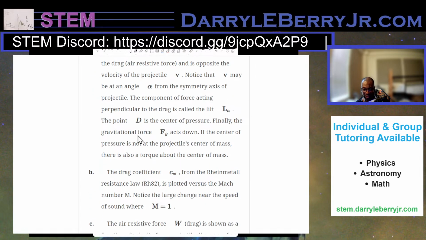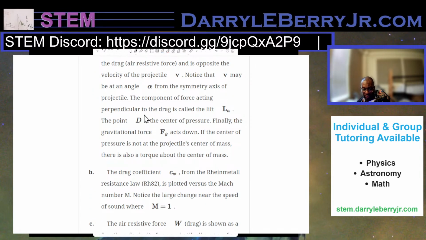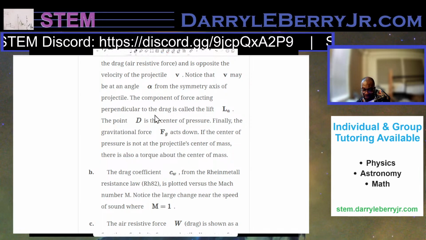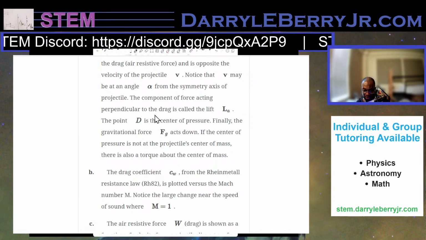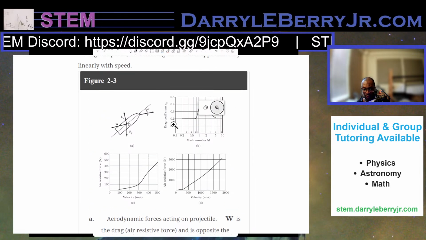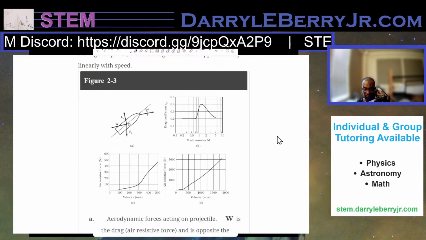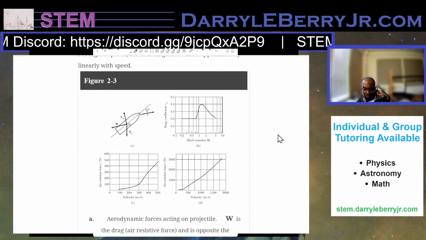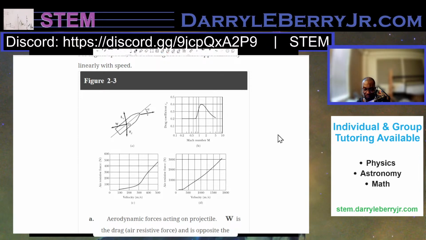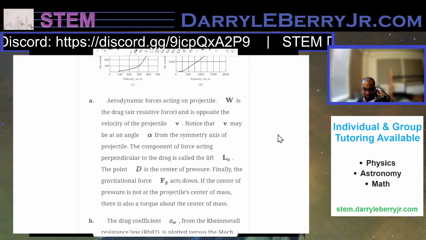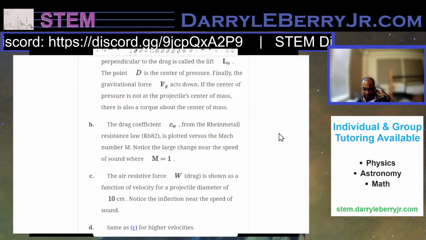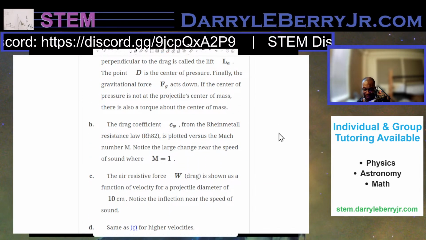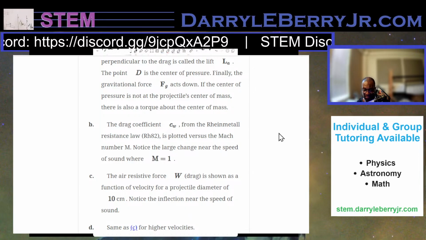The drag coefficient C_W from the Rheinmetall resistance law is plotted versus the Mach number M. Notice the large change near the speed of sound where M equals 1. The resistive force drag is shown as a function of the velocity for a projectile diameter of 10 centimeters.